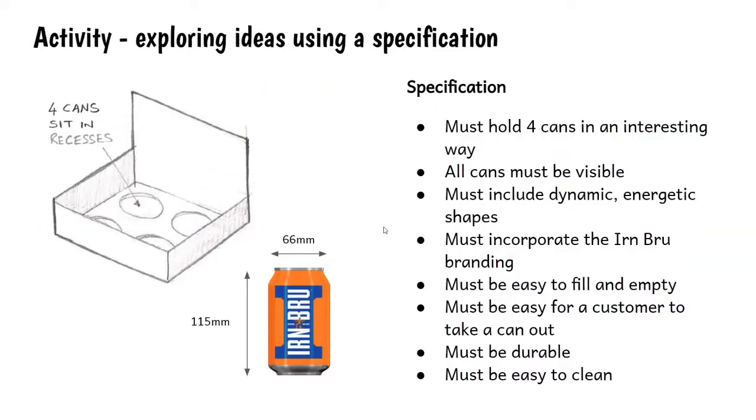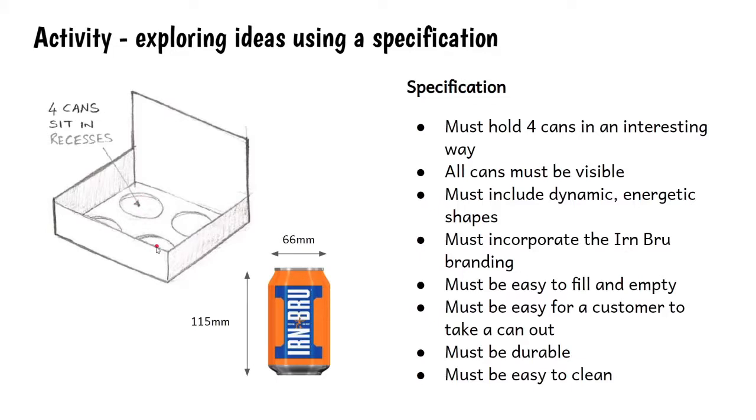So here's everything that we've got so far. This is the result of our research, our specification writing, and our initial idea phase. You can see that our best initial idea is this little idea here. It's a very simple box with a backing on it, presumably to take some sort of branding, and space for 4 cans.